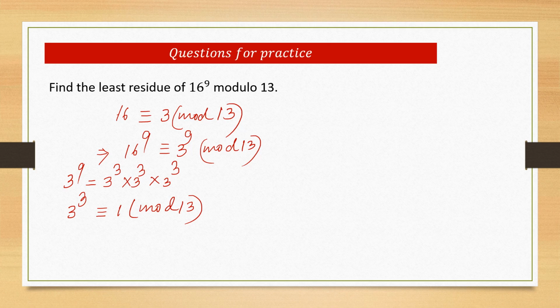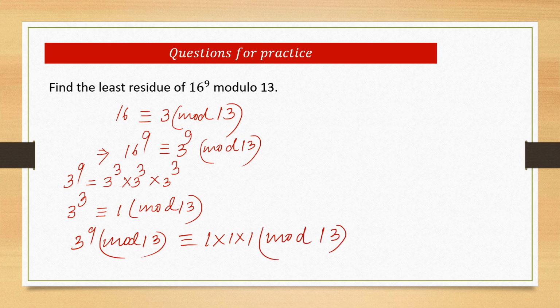So 3 to the power 9 modulo 13 can be written as 1 multiplied by 1 multiplied by 1 modulo 13. This is equal to 1 modulo 13. Its residue is 1.